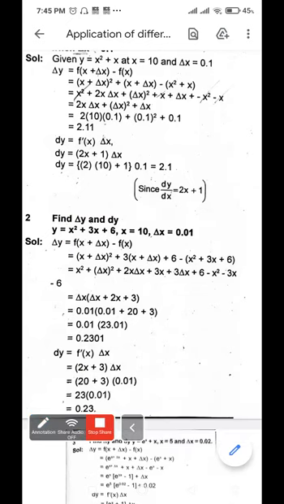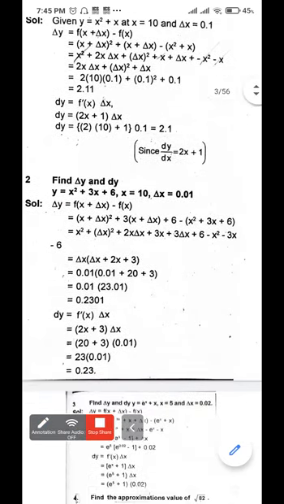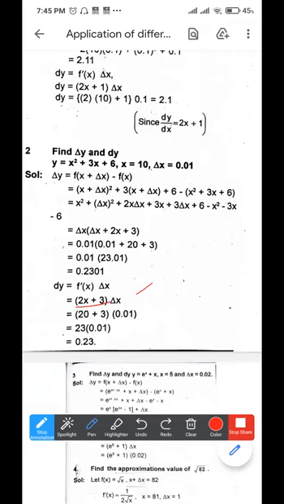Instead of x, substitute 10. Instead of delta x, substitute 0.01. Then simplify: 20 plus 3 is 23, multiply by 0.01 and you will get 0.23.